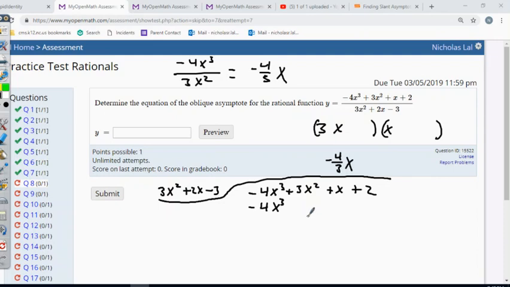Negative 4/3 x times 2x is minus 8/3 x squared. Plus 4x, subtract. 0, then 3x squared, that's 9/3 plus 8/3 is 17/3 x squared.